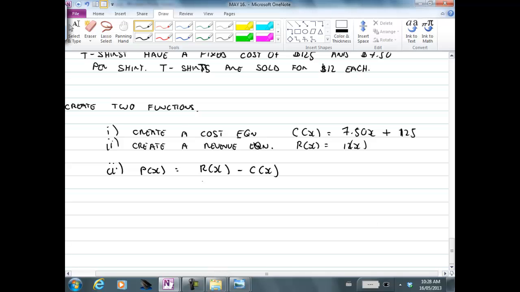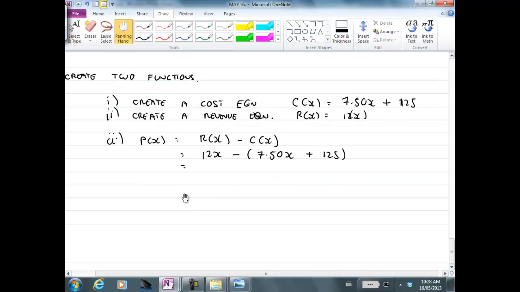So I go 12x minus, be careful, I like to use brackets, 7.50x plus 125. That equals 12 minus 7.5 is 4.5, so 4.5x minus 125 equals profit.